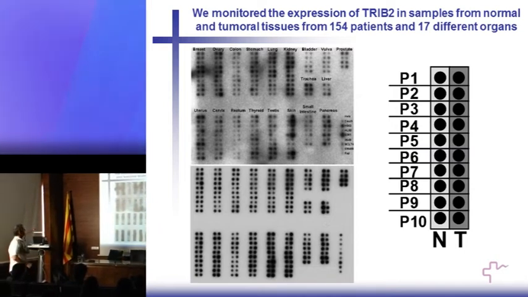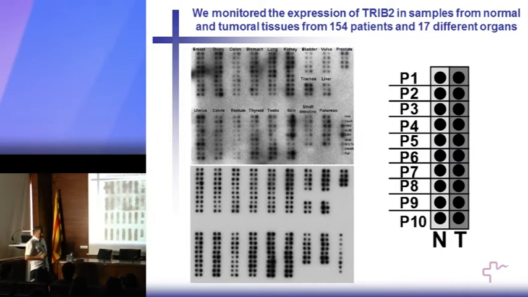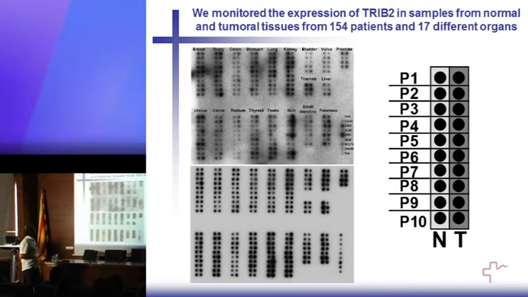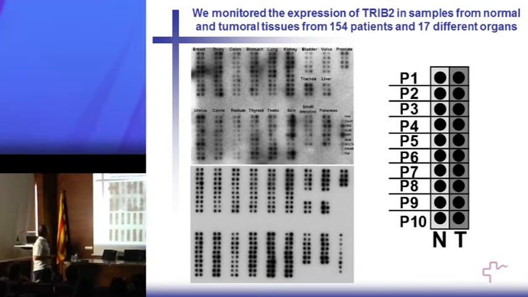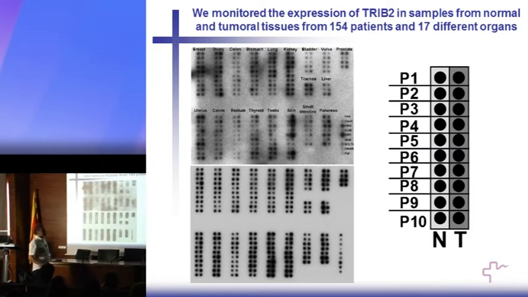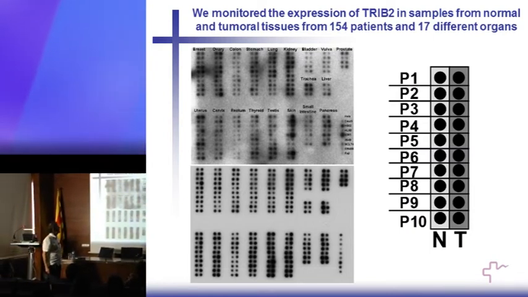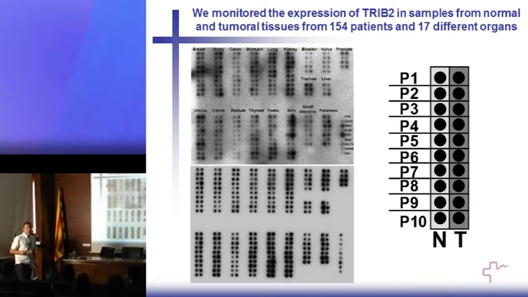So we monitored the expression of tribbles in a cancer profiling array. We scanned samples from normal and tumoral tissues from 154 patients and from 70 different organs. And this is a cDNA array, actually.